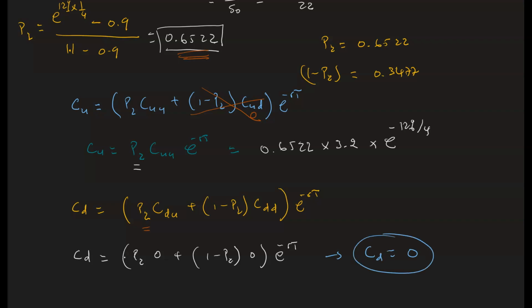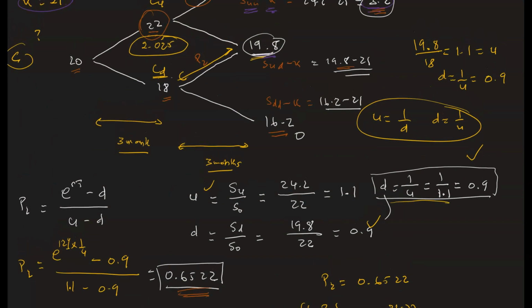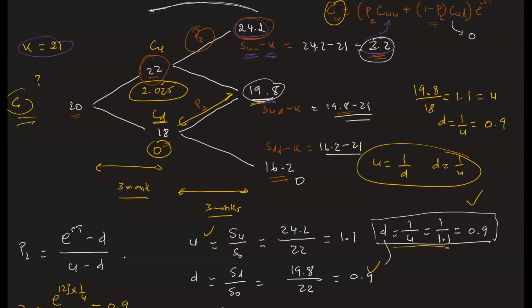So we have call up and we have call down, which is equal to 0. Now we're ready to find the value of the call today. And the value of the call is going to follow the same pattern, right? In this case, what we need to find is U here and D here, and then we also need to find P1.